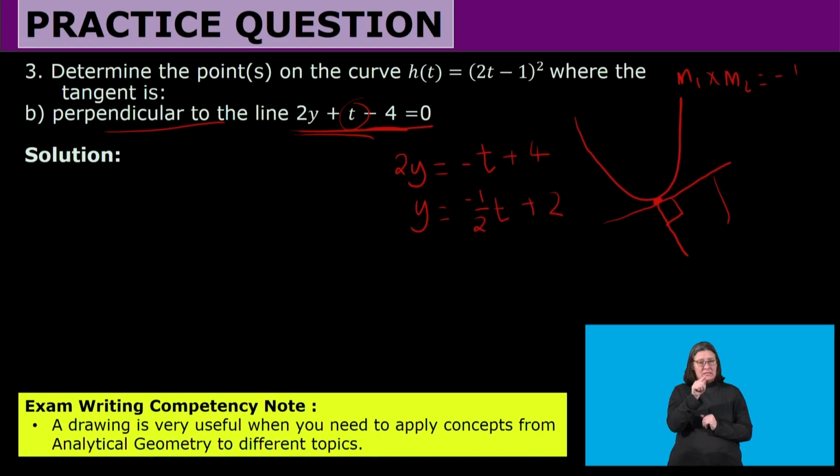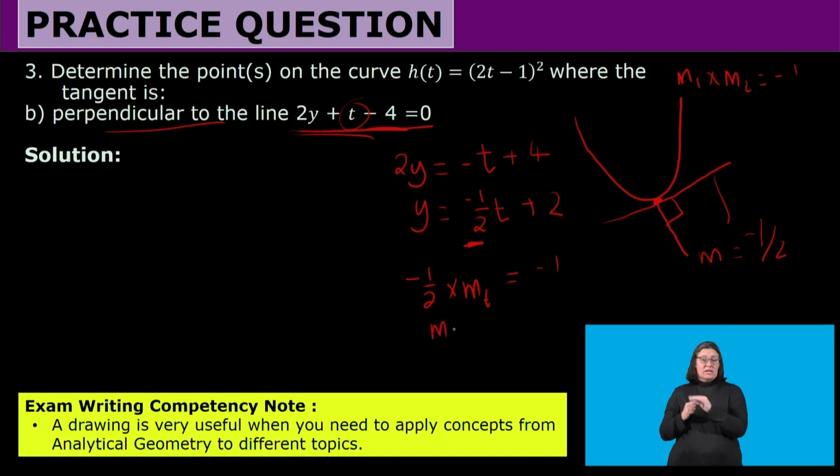So the gradient of this perpendicular line is -1/2. And I know that the product of the gradient of this line and the gradient of the tangent must be -1. So if this gradient is -1/2, what is going to get me to -1? -1/2 times the gradient of this tangent line is equal to -1.